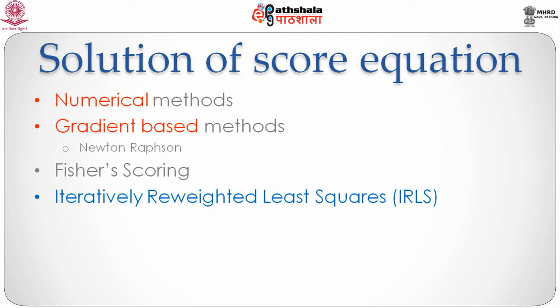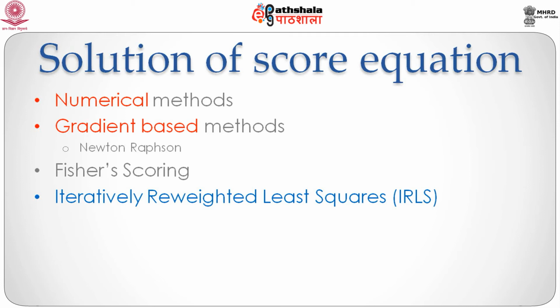Actually, it turns out we will use a variant of the Newton-Raphson. This variant is called Fisher scoring, and it is a variant in the sense that it does not use the observed information but rather the expected information. Finally, we shall see that implementation of Fisher scoring leads to an algorithm which is called the iteratively reweighted least squares.